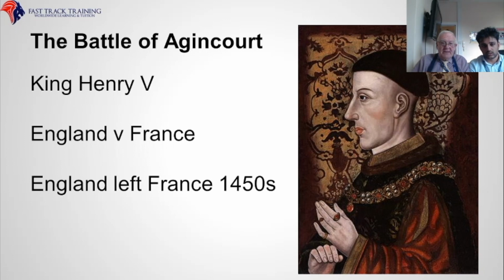In the Battle of Agincourt, there was King Henry V on the throne in England, and it was England versus France. And England left France in the 1450s. I believe he died 3-4 years after the Battle of Agincourt.